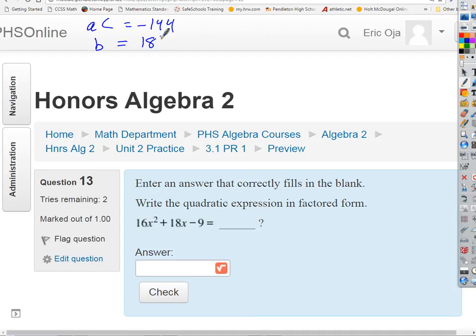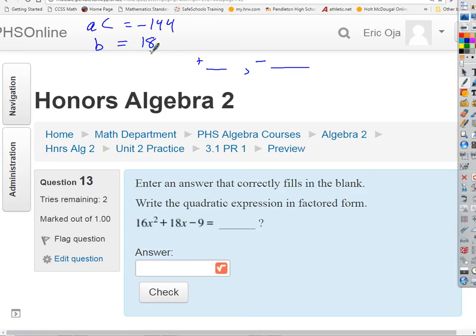So the numbers are going to be opposite signs, one negative and one positive. The positive one is going to be bigger, so let's put that one first. And what could they be? Boy, we'd have to just go looking for them. Factors of 144 that add to 18. Here's a trick I like to use.